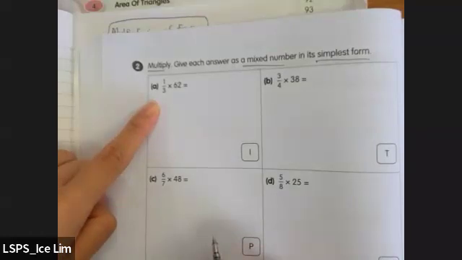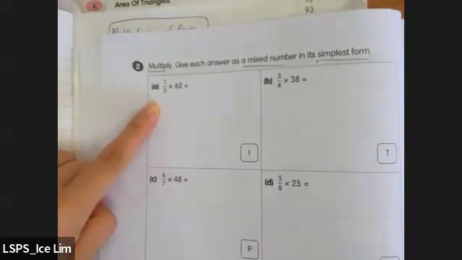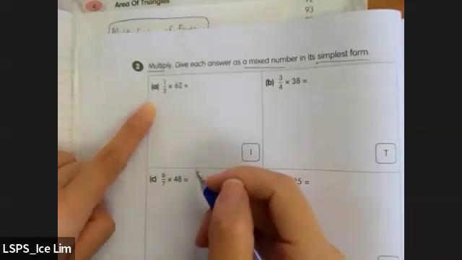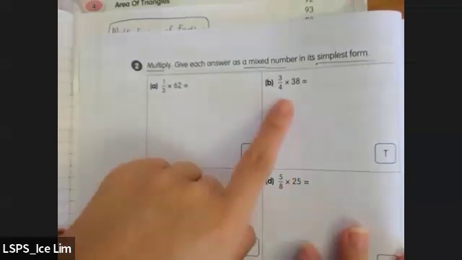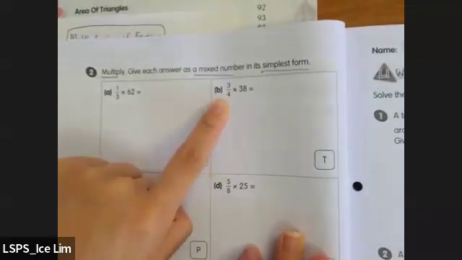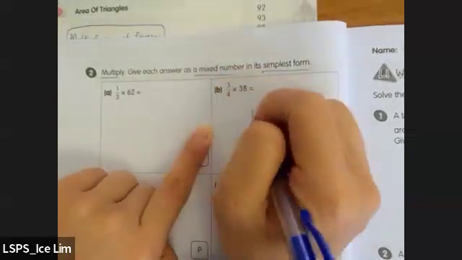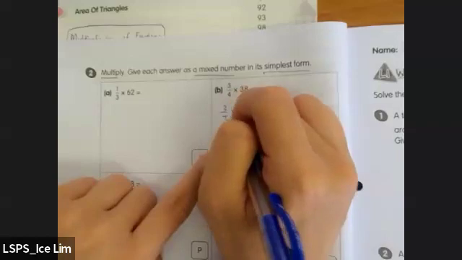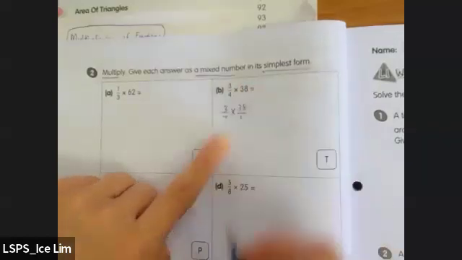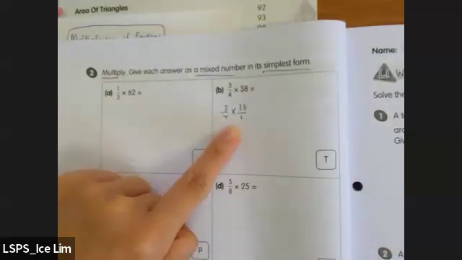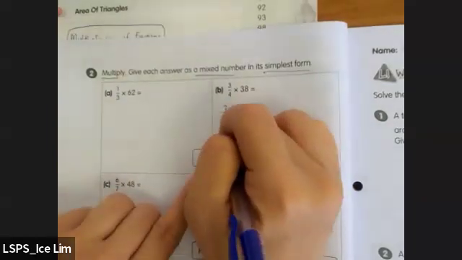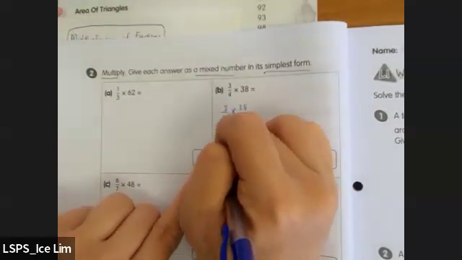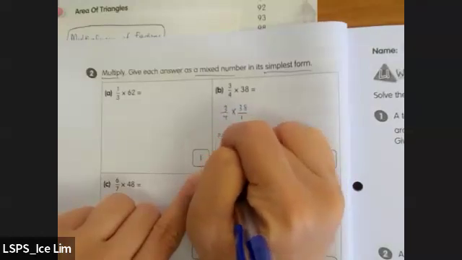Number 1, I ask myself, can I simplify first? Let me do this one first, because I have a clearer example. So if I do straight away 3/4 times 38, I can do 38 wholes, so I will just put it as over 1. And I can go straight away: 3 times 38 divided by 4 times 1.